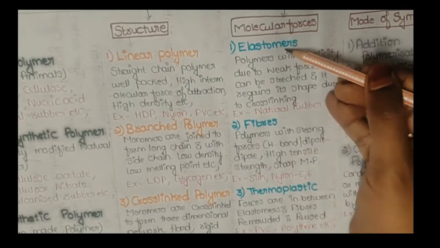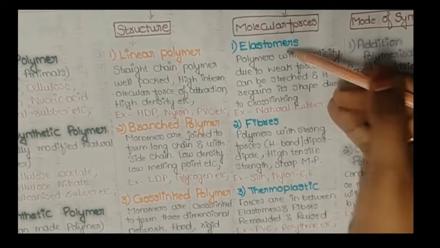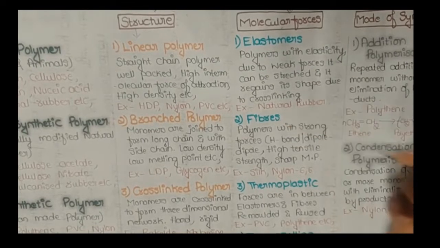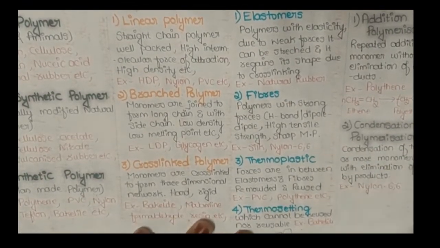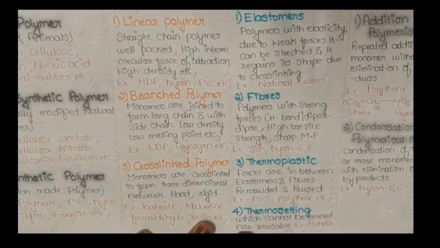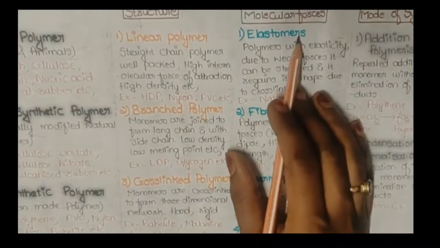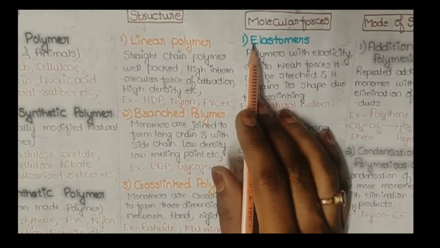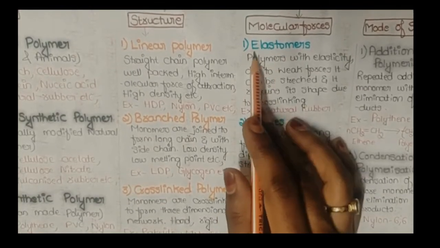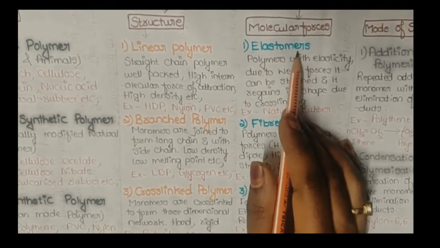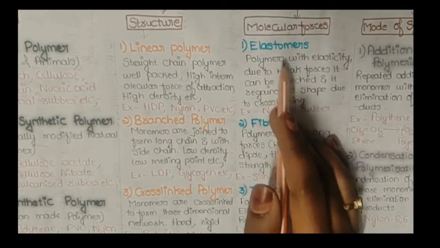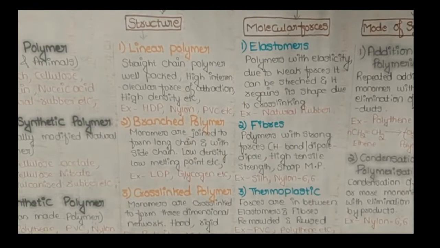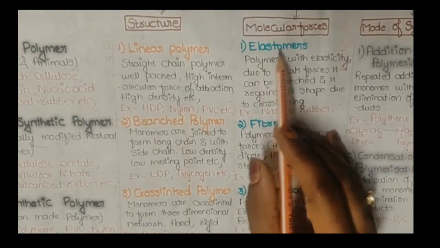The first one is called elastomers, second one is fibers, third one is thermoplastic, and the fourth one is thermosetting plastic. So let us begin with elastomers. So here the word itself is telling: elastomer refers to any polymer which has elasticity as a property. They are called elastomers.